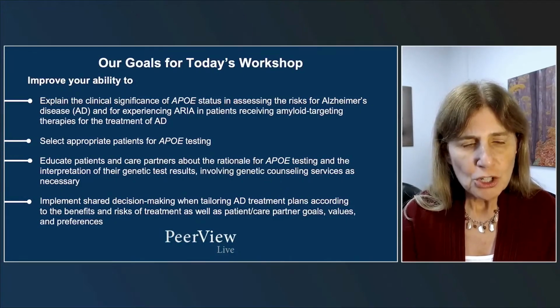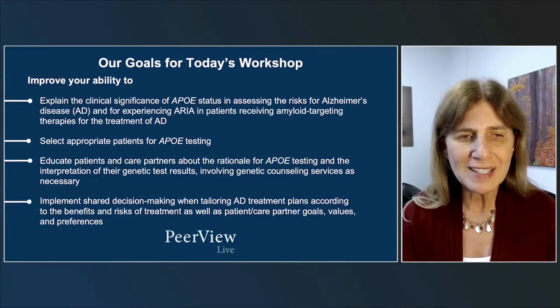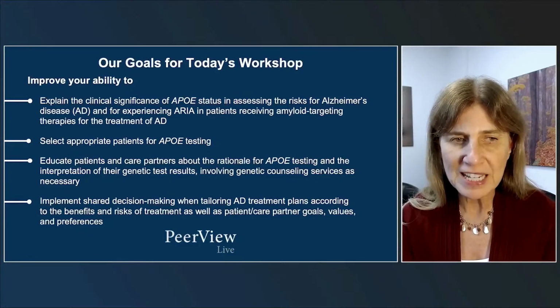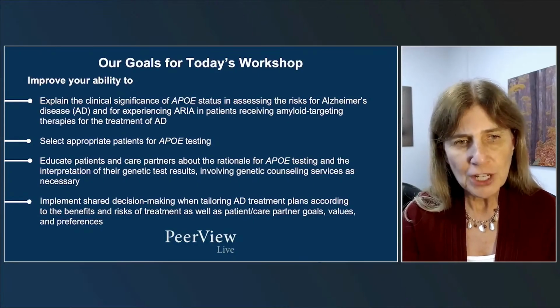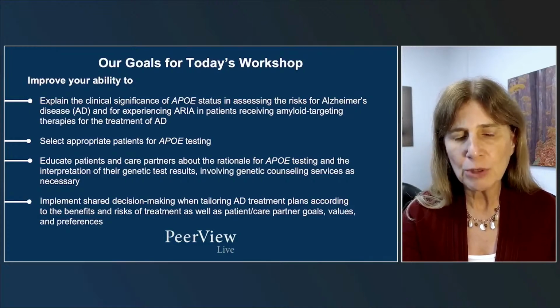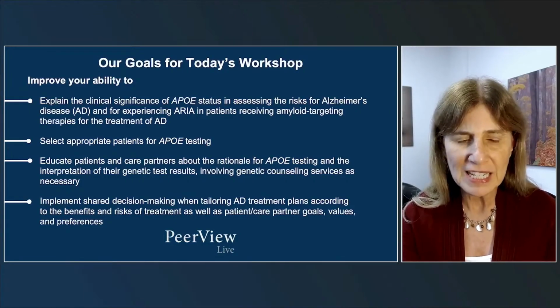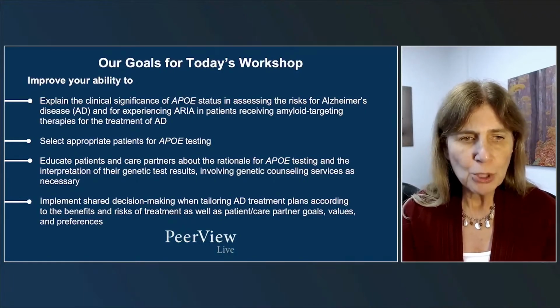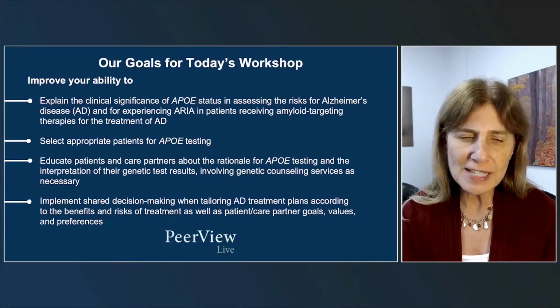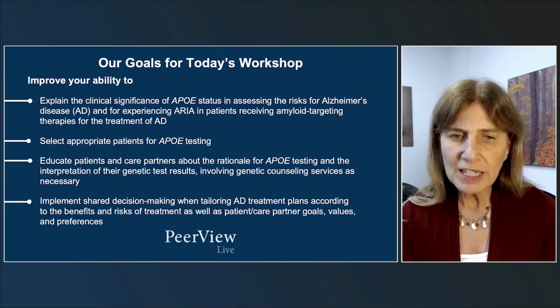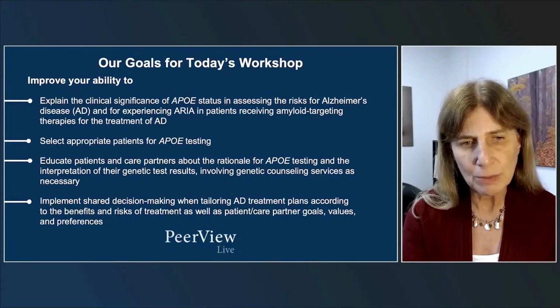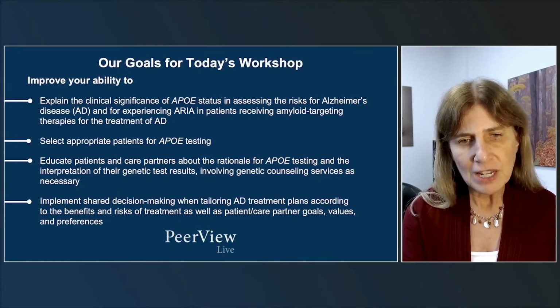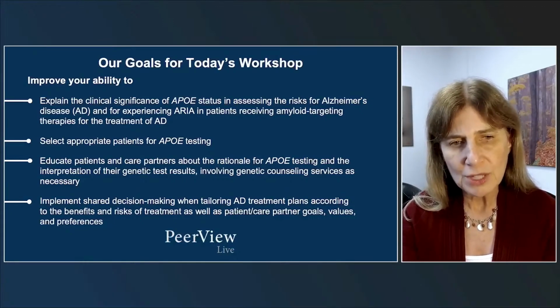We also want to help you be able to select appropriate patients for ApoE testing and to be able to educate patients and care partners about the rationale for ApoE testing and the interpretation of the genetic test results. Finally, we want to help you be able to implement shared decision-making when tailoring Alzheimer's disease treatment plans according to the benefits and risks of treatment, as well as the patient and care partner goals, values, and preferences.